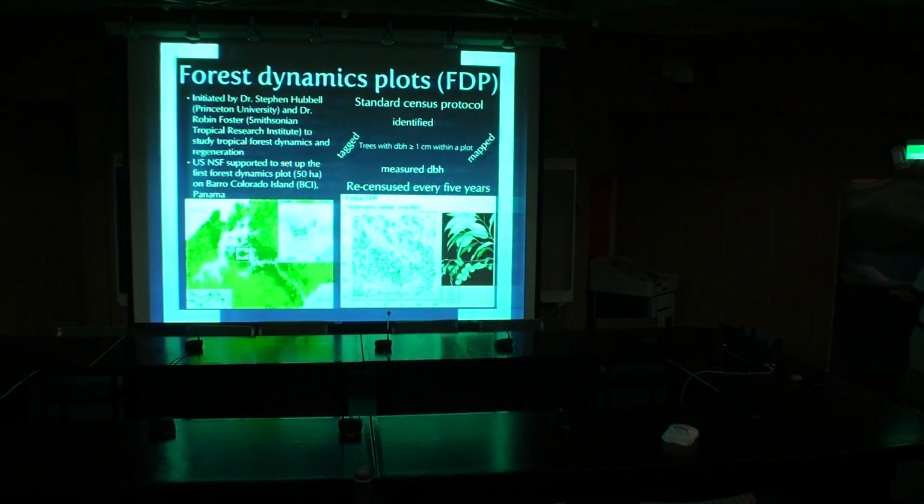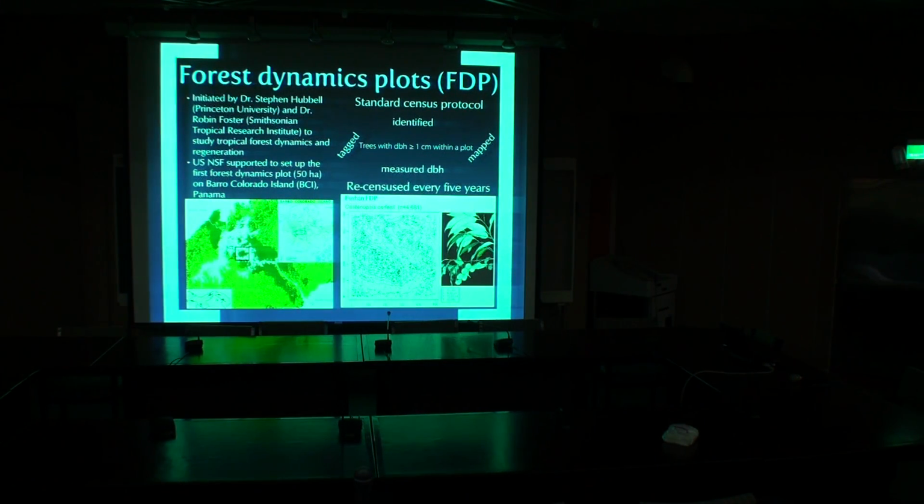Let me introduce the forest dynamics plot. The forest dynamics plots, FDP, were initiated by Dr. Stephen Hubbell of Princeton University and Dr. Robin Foster of the Smithsonian Tropical Research Institute. They used forest dynamics plots to study tropical forest dynamics and regeneration in the 1980s.